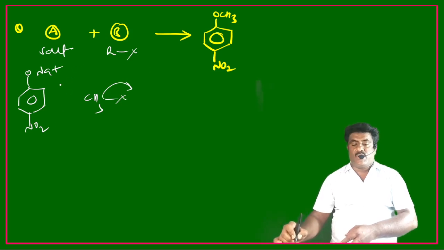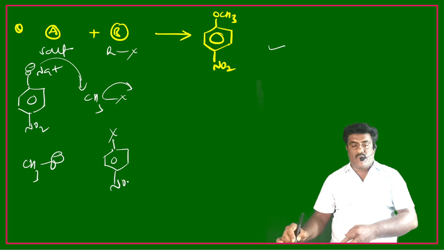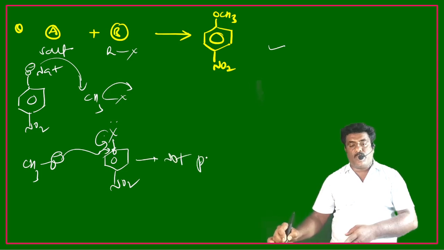Yes, the O- attacks the CH3 to form a product. So what is the second possibility? One more possibility is there, the benzene with NO2. What happened? Resonance happens. When resonance happens, the negative charge does not attack the carbon. It is not possible. This is possible.